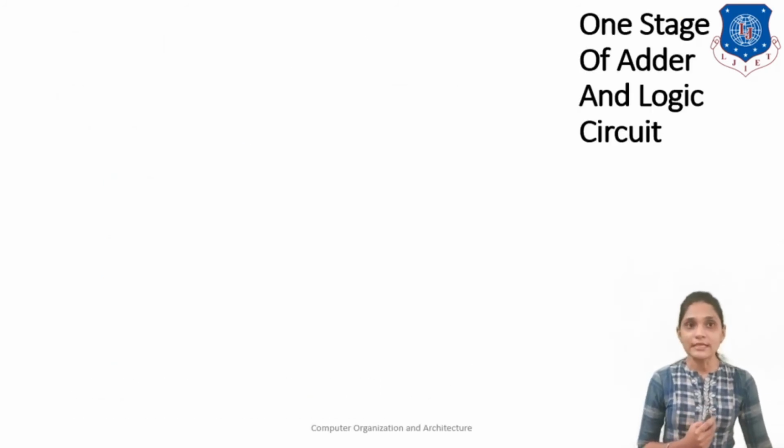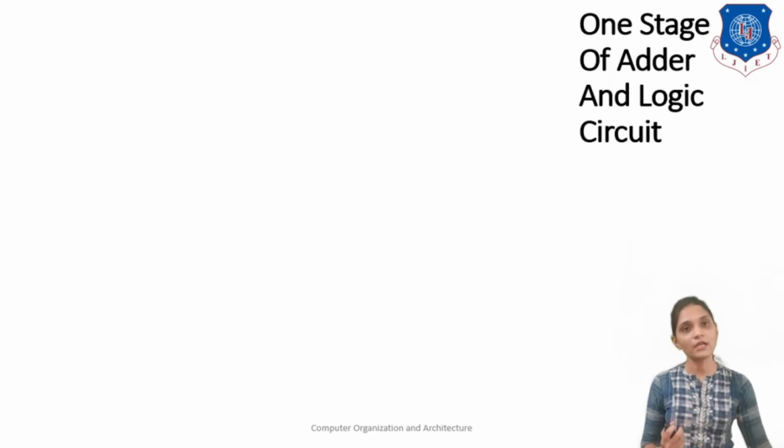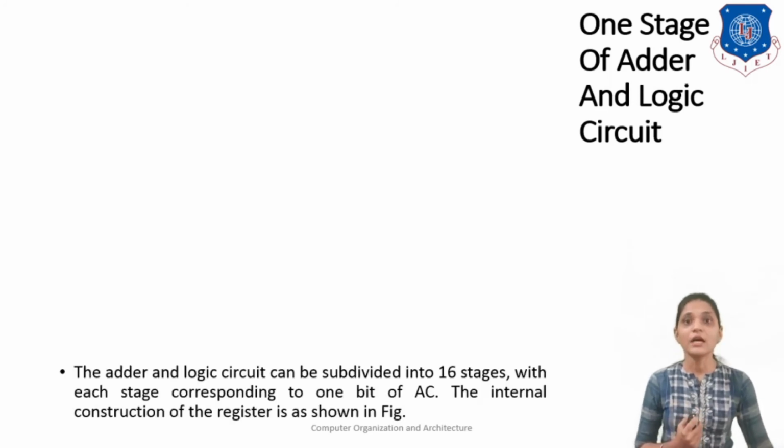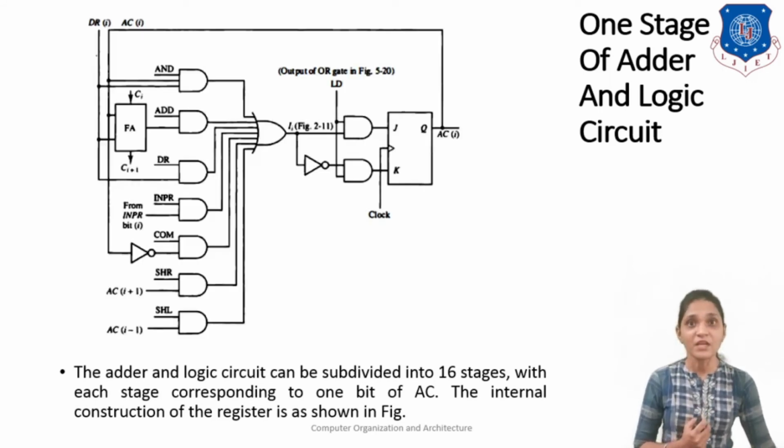Next we will see one stage of the adder and logic circuit, where we are going to perform the addition and logical tasks. The adder and logic circuit can be subdivided into 16 stages, with each stage corresponding to one bit of the accumulator, and the internal construction can be given like this.